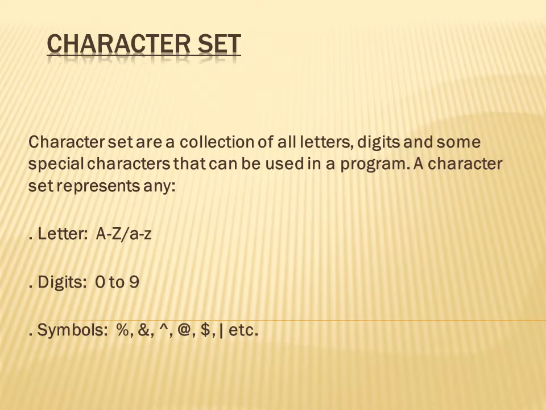A character set represents letters, capital A to Z and small a to z, and the digits 0 to 9, and symbols such as percentage, ampersand, asterisk, dollar, etc. We can use so many symbols. So the collection of letters, digits and symbols is called a character set.